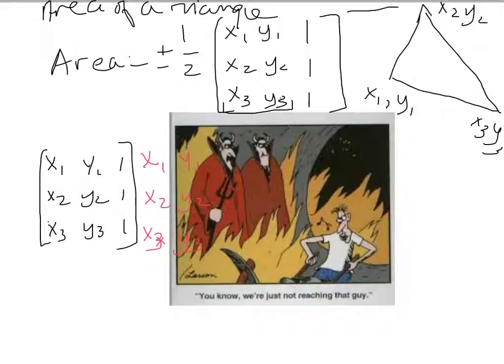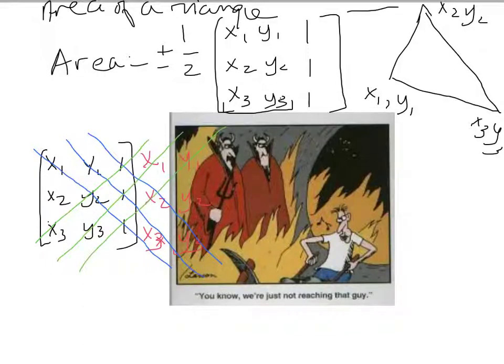And I am going to then multiply down my diagonals, just like I showed you in the previous example. I'm going to add those three products together, and from that I am going to subtract the sum of these three products.